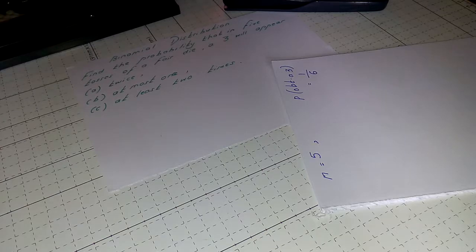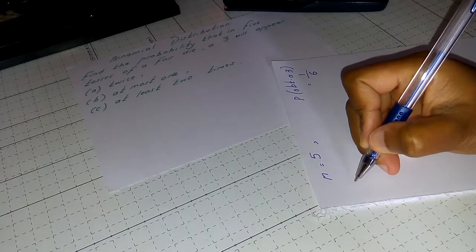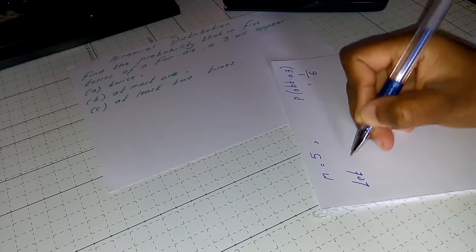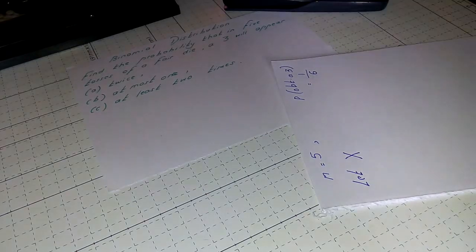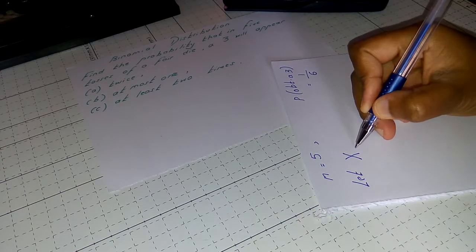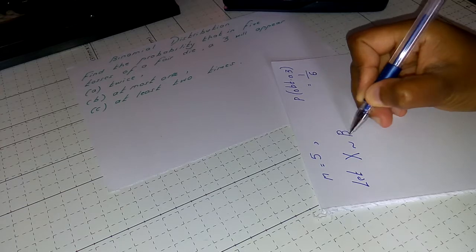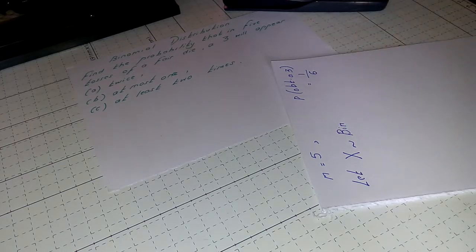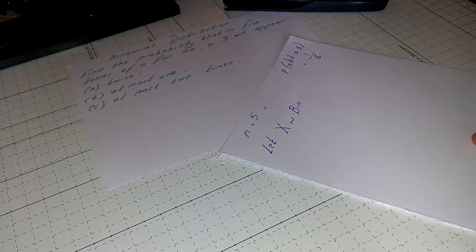We can write the distribution. Let X, now you can use any variable, X, Y, or Z. We're going to use X follows Bin, since we are dealing with a binomial distribution.